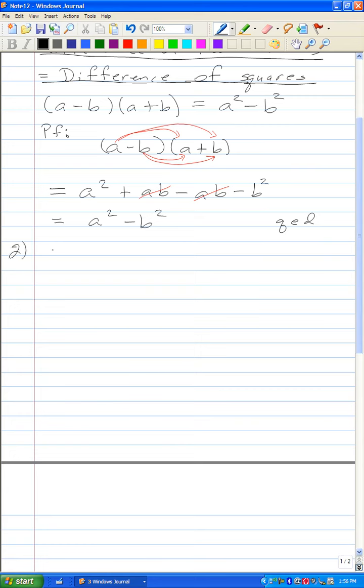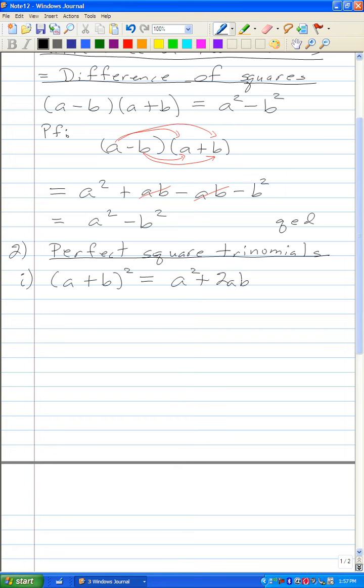The perfect square trinomials. So the first, the perfect square trinomial formula, A plus B squared equals A squared plus 2AB plus B squared.